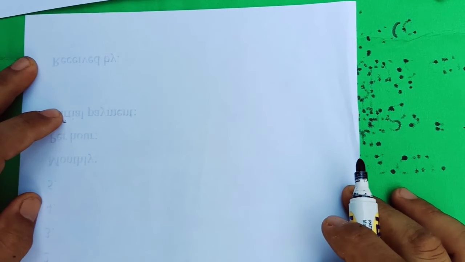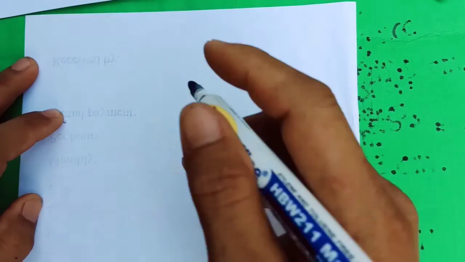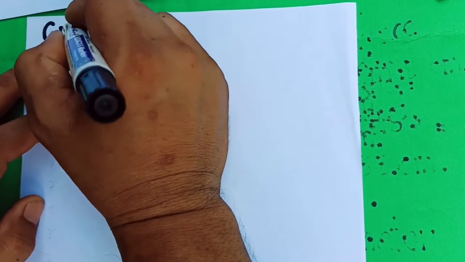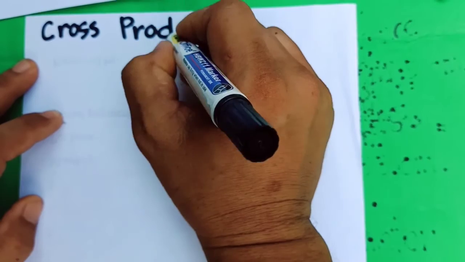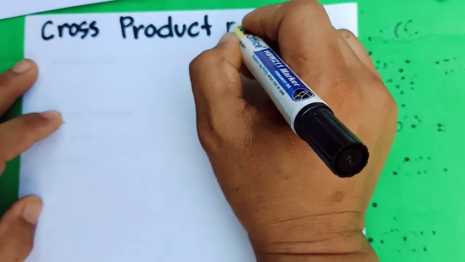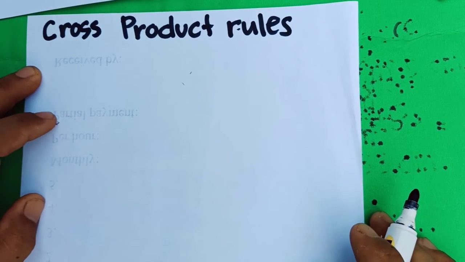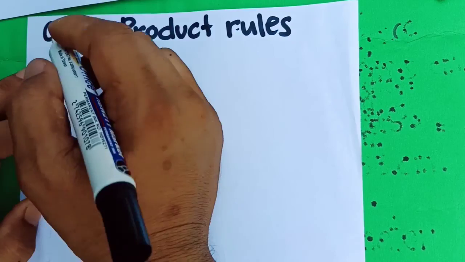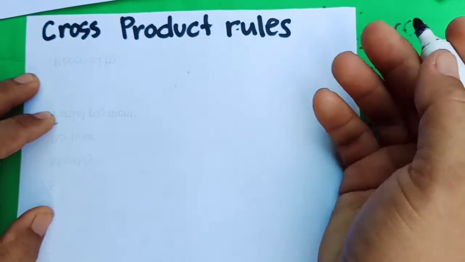To derive a formula in finding the circumference of a circle, we will use the cross product rules. Remember that the denominator of a whole number is always equal to 1.